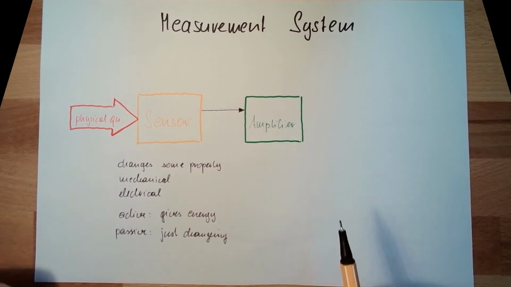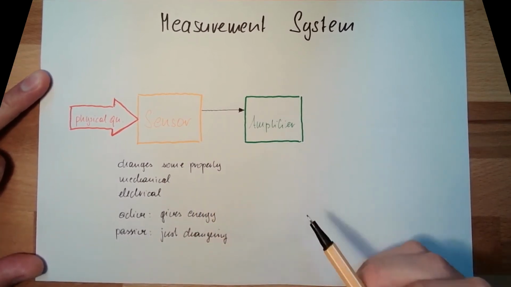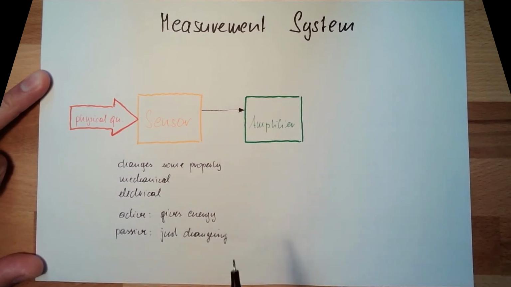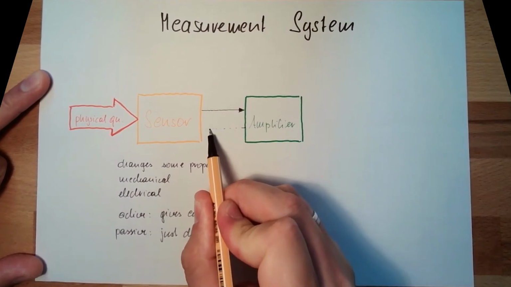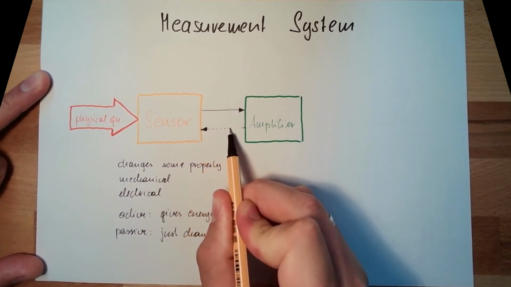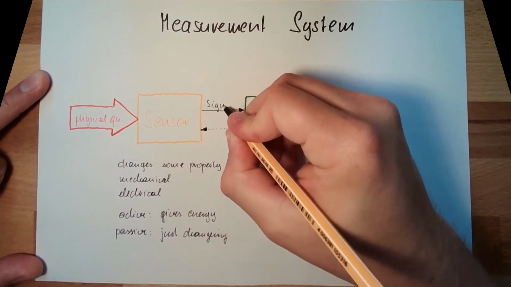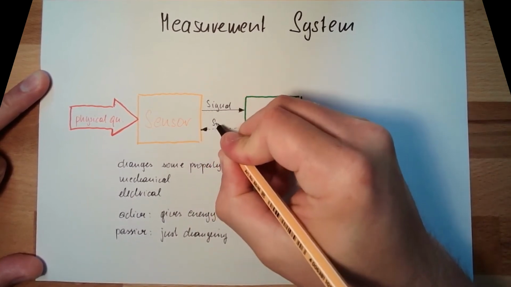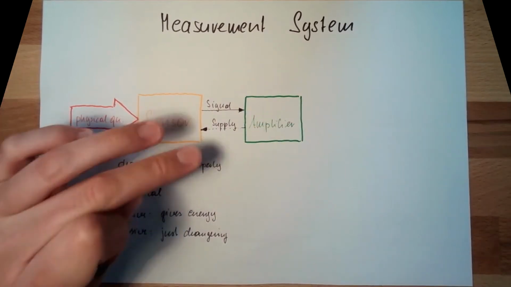Usually, if the sensor also requires a power supply, for instance a passive sensor, then the amplifier usually provides this power supply. So that's the signal here, and it's the supply, power supply, if necessary.